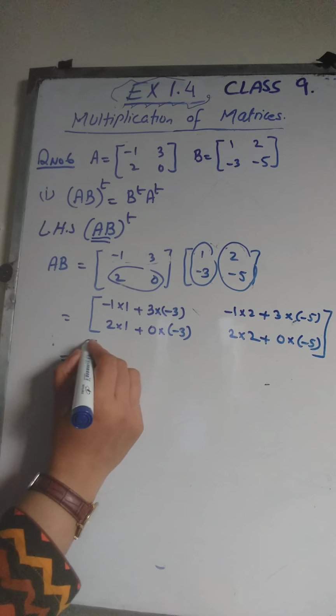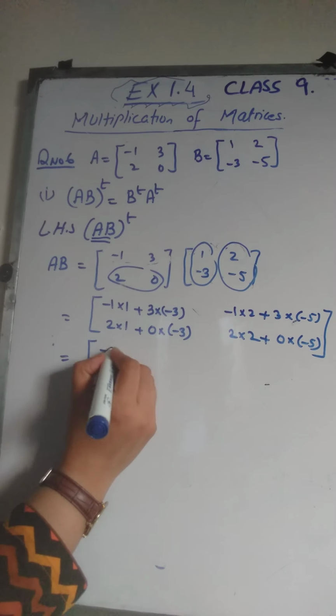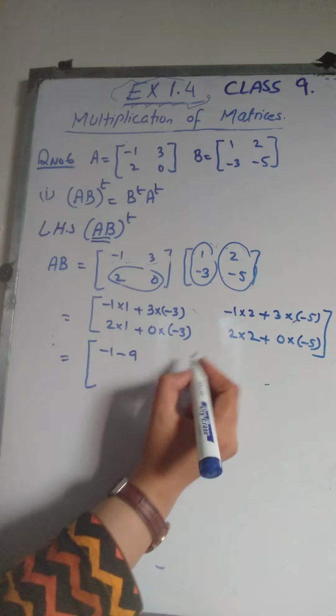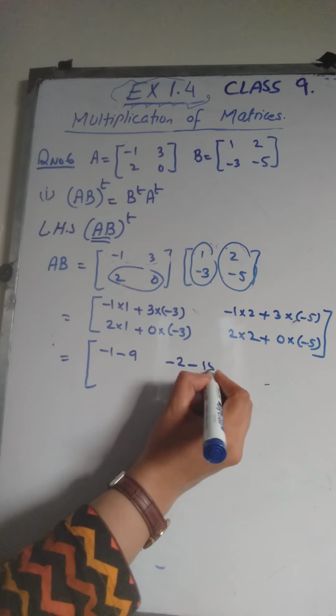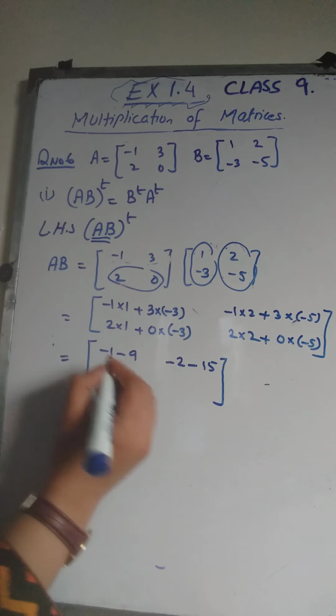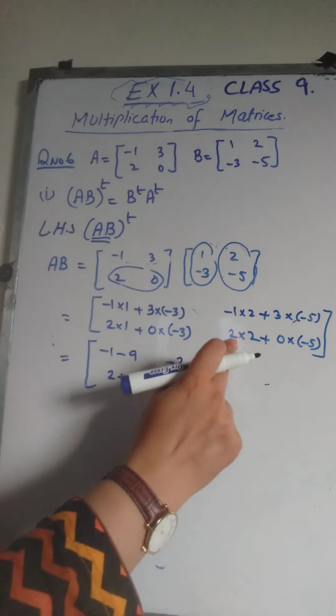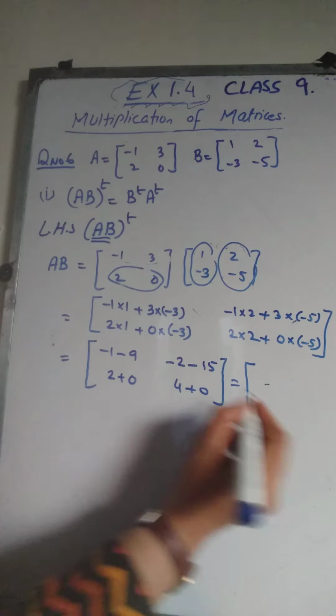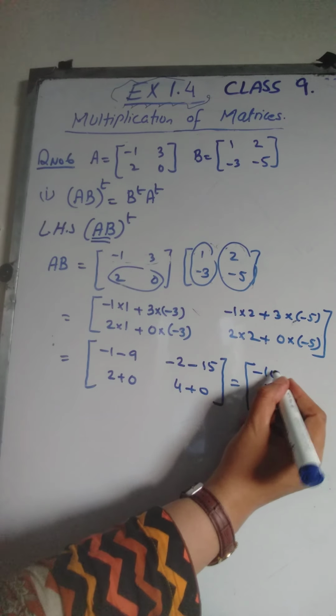Okay, what we get is -1, and 3 into -3 is -9, -2 minus 15, 2 plus 0, and 2 2s are 4, 4 plus 0 is equal to, the answer will be -10.